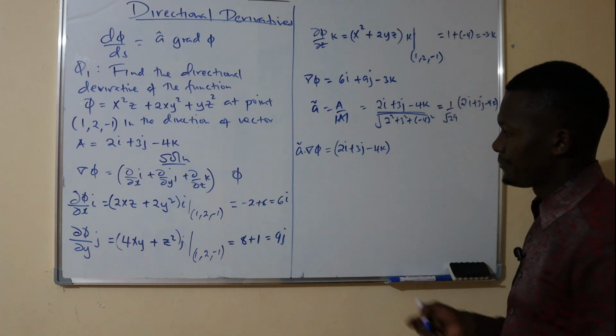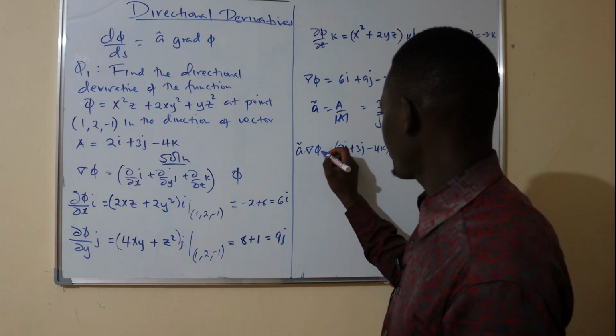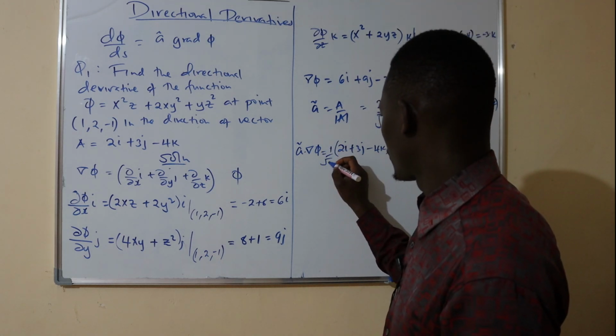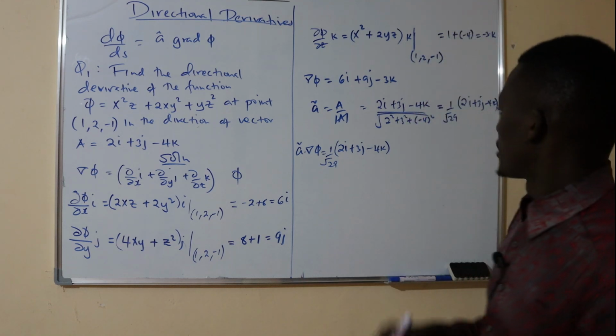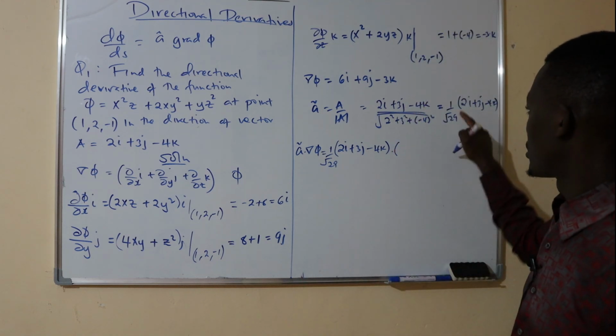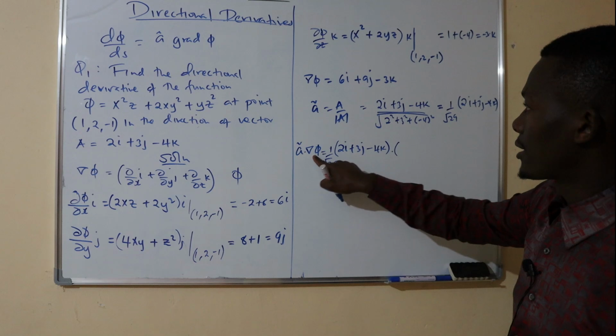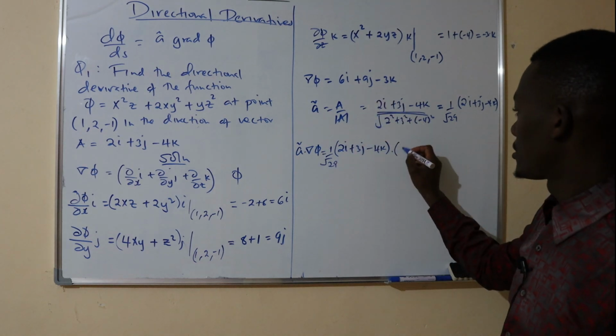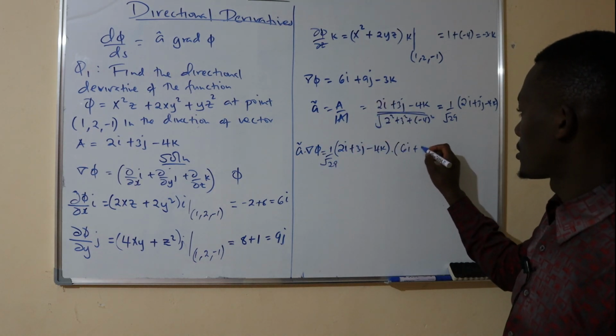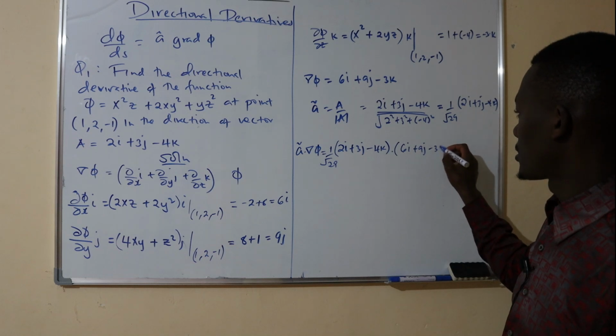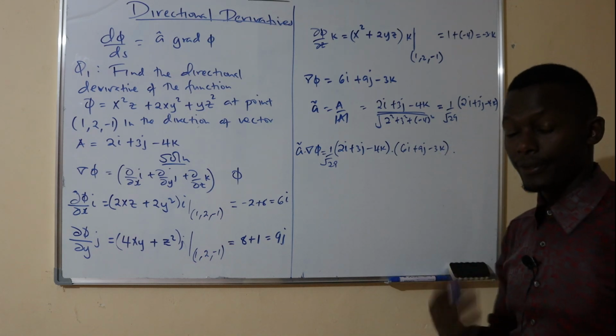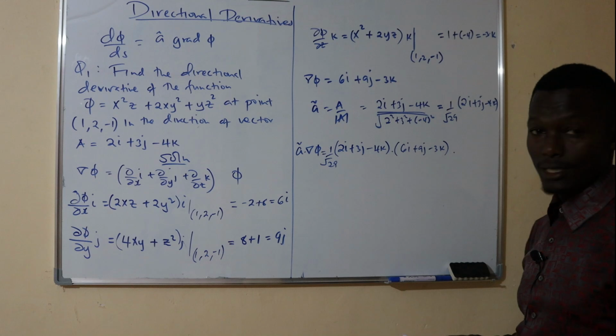I can just have it here, equals 1 over root of 29. Then I dot it with what? I dot it with the grad. What did you get as our grad? 6i plus 9j minus 3k. Are you together up to that point?